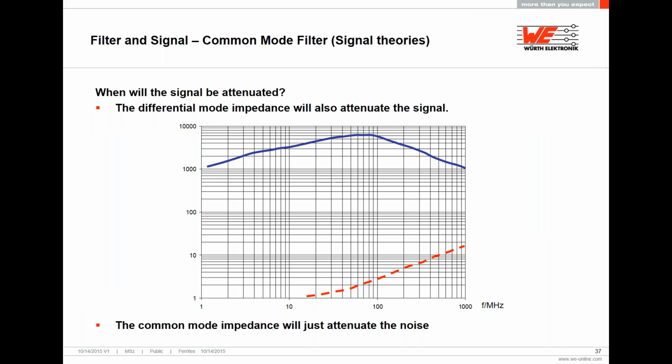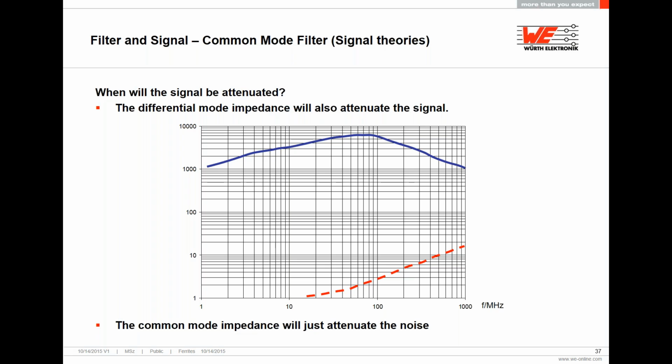Now, something to keep in mind when using a common mode filter is that there will be a differential impedance that could attenuate your signal. As shown in the graph above, the blue line represents the common mode impedance, and the red dotted line shows the differential impedance.